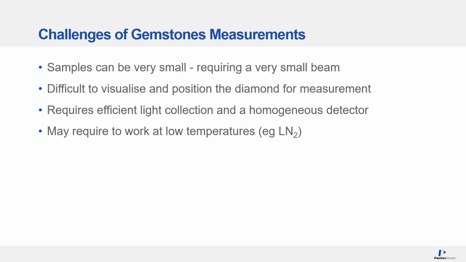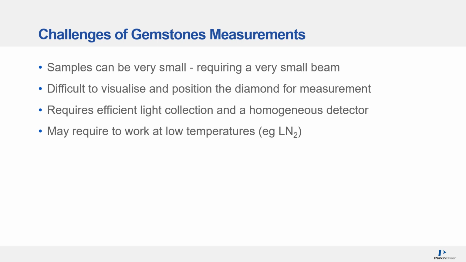The measurement of gemstones is not without some difficulties. Normal measurements using the molecular spectroscopic techniques are based on larger samples that are several millimeters in dimensions. Gemstones are often very small samples, and the measurements require optimization of the optics to allow measurements for these smaller samples. It can be difficult to visualize and position the gemstone for measurement.